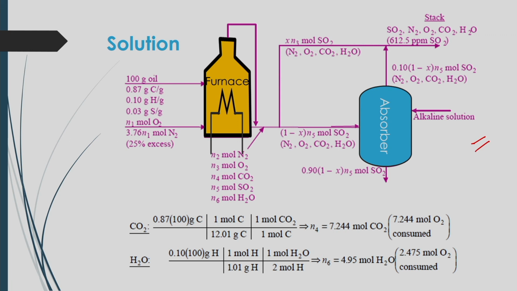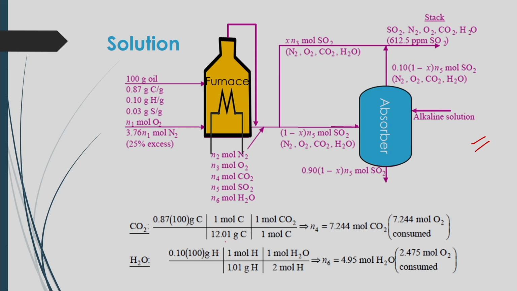So, if it is 100 moles of total feed, then carbon will be 0.87 into 100 grams of carbon. Since the molecular weight of carbon is 12.01, the amount of carbon in moles will be this divided by 12, and 1 mole of carbon converts to 1 mole of carbon dioxide.